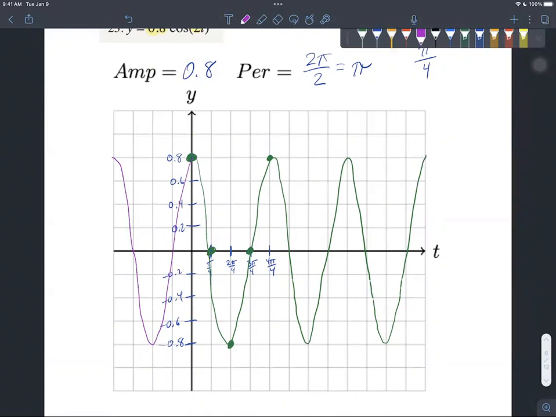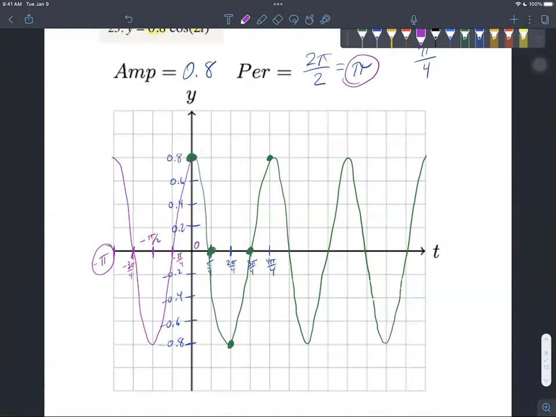Okay, so these values in the negative direction would be negative pi over 4, negative pi over 2 or negative 2 pi over 4, negative 3 pi over 4, and then negative 4 pi over 4 or negative pi. And we can see that the period is pi radians because, here's another one, it goes from negative pi to 0, and that length is pi.